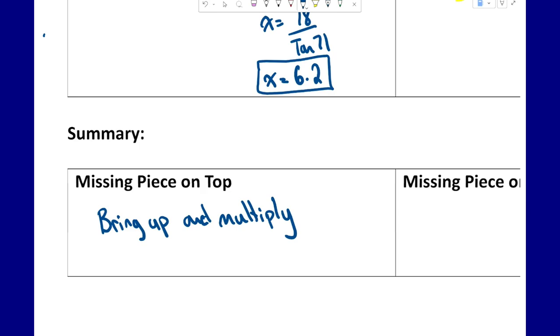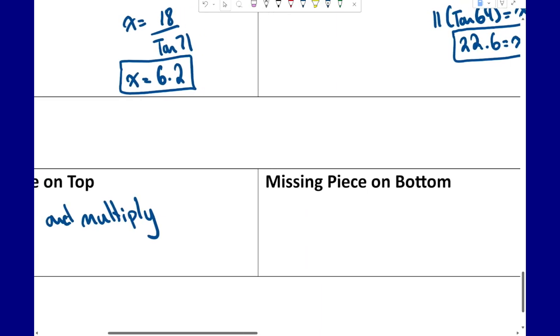Right? So bring up and multiply, that's the one thing you want to be thinking of when the missing piece is on top. Now it's obviously going to be a little bit more complicated than just bring up and multiply. Like it's not exactly that, right? We still have to substitute, we have to figure out the right ratio, but in terms of solving the equation, we have to just bring up and multiply.